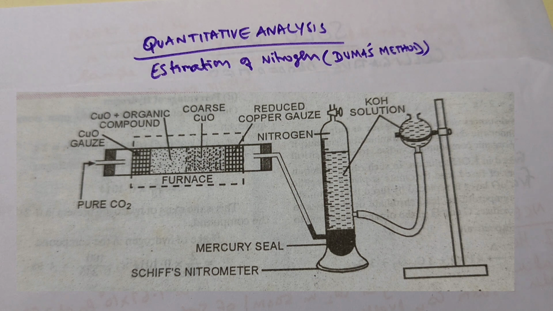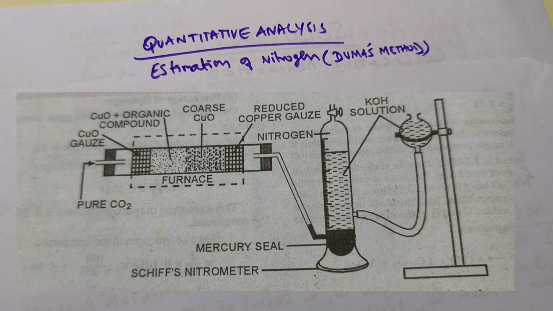The first is a combustion tube, which is a long tube, and on the right hand side we have the graduated cylinder called Schiff's nitrometer, which is filled with potassium hydroxide solution and is fitted with a stand.